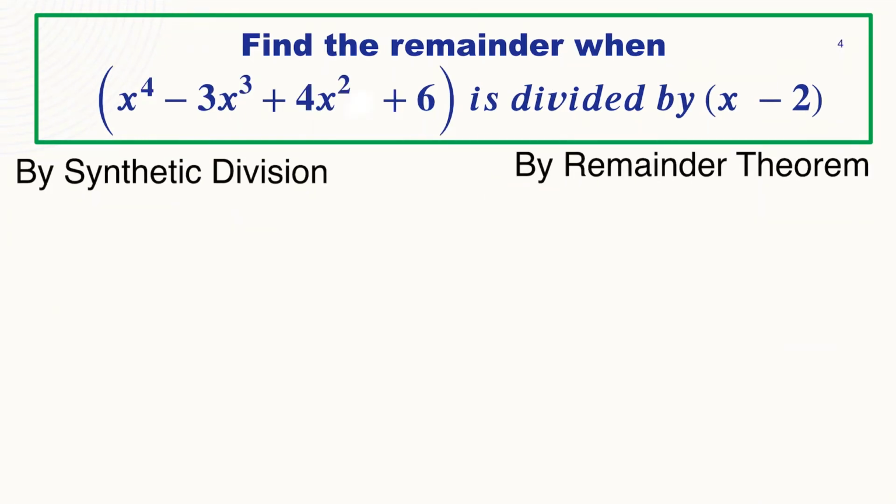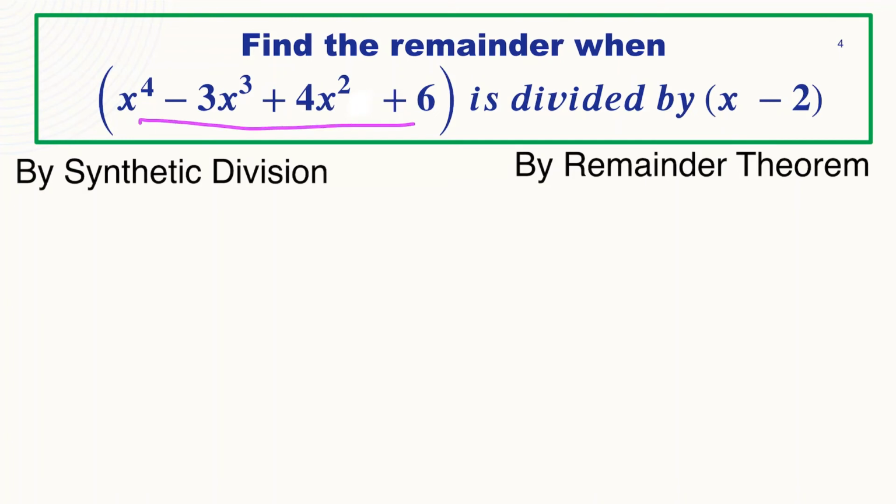Let's have the last example. Find the remainder when x raised to 4 minus 3x cubed plus 4x squared plus 6 is divided by x minus 2. Alright, let's start with using the synthetic division. Again, we need to identify the numerical coefficient of this expression.